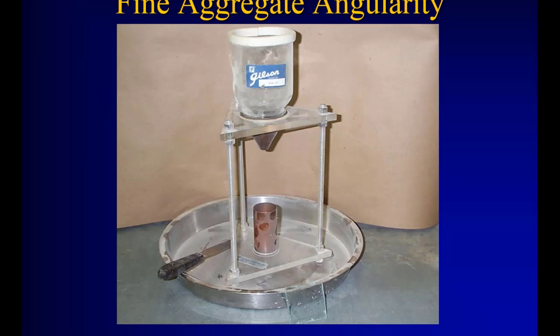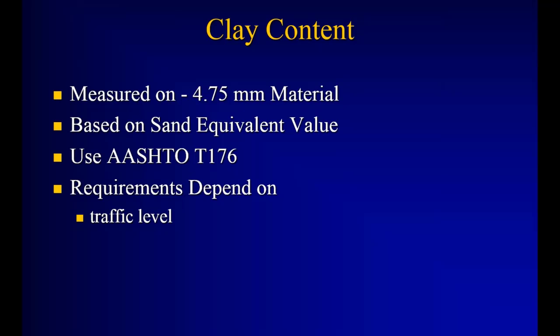So the calculation we actually do there is we figure, once we've dropped this with a known volume, once we figure out the volume of the aggregate in the cup, the remainder is air. So the more air, in case 45 means 45% air is in that cup, is the more angular and highly textured it is. FAA of 40 means 60% air in that cup, 40% material.